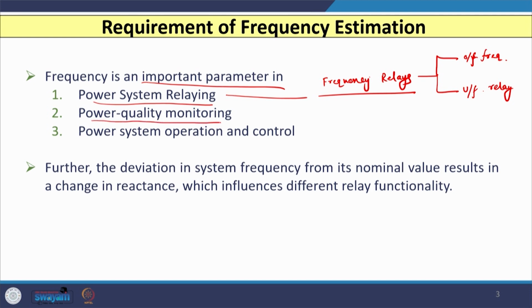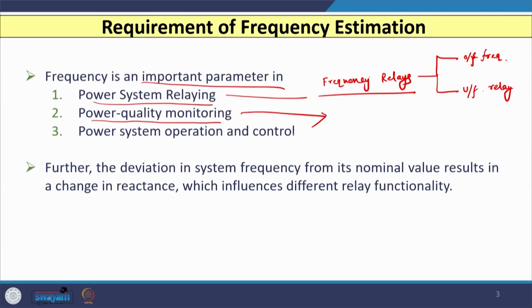Moreover, when we have an application where power quality is an important issue, with issues like voltage sag, voltage swell, transients, harmonics, voltage dip, voltage flicker, then estimation of frequency is also required.